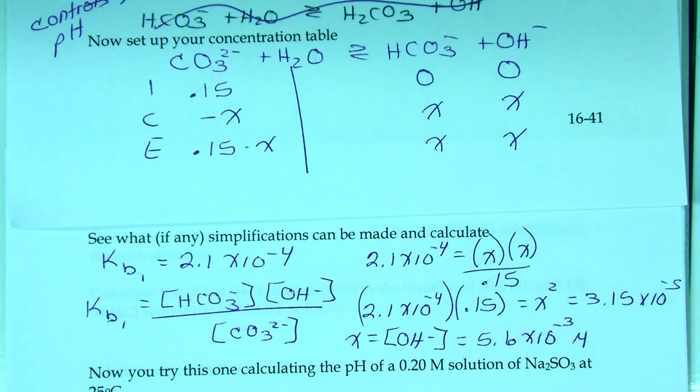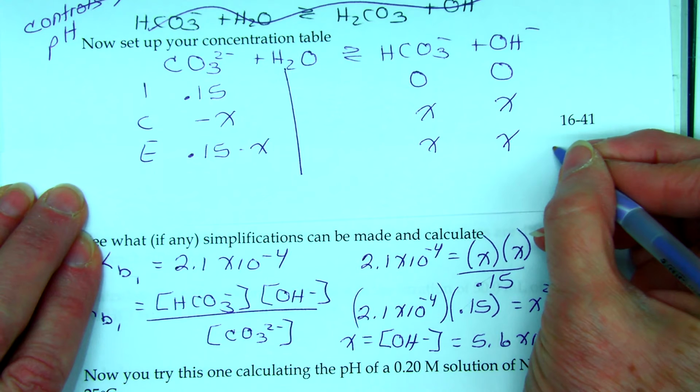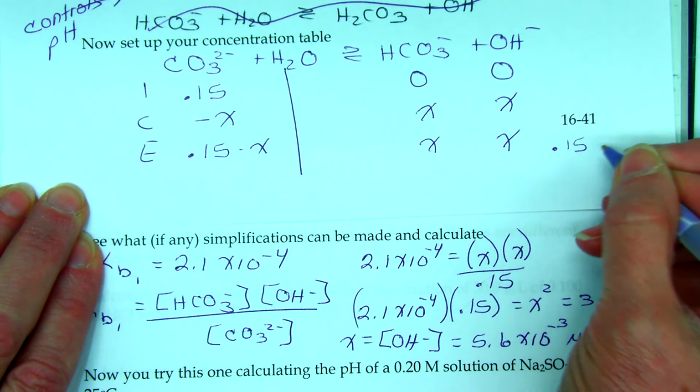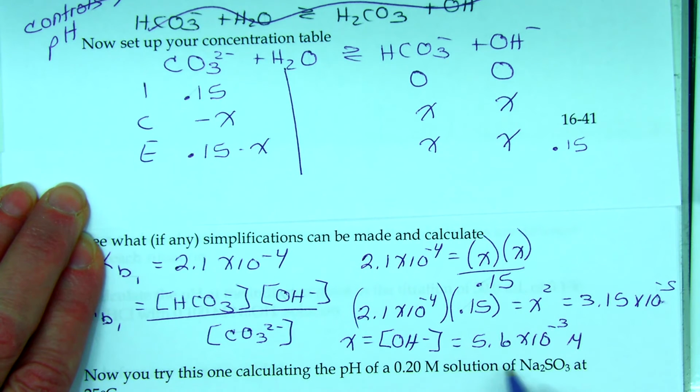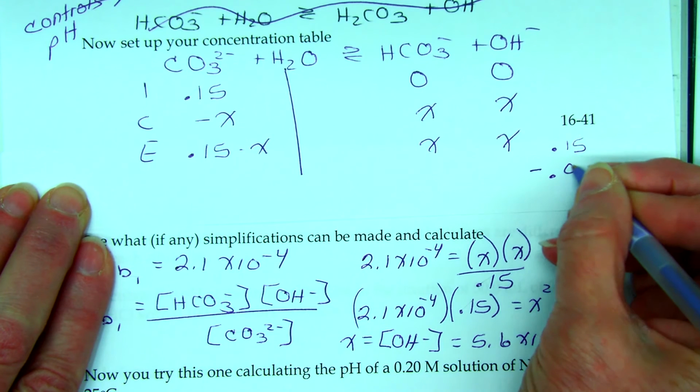Now that negative 4th was a little iffy for me deciding could I ignore x or not. So let's just do a quick and dirty check. My original concentration was 0.15 molar, and my x is 5.6 times 10 to the negative 3rd molar, minus 0.0056.